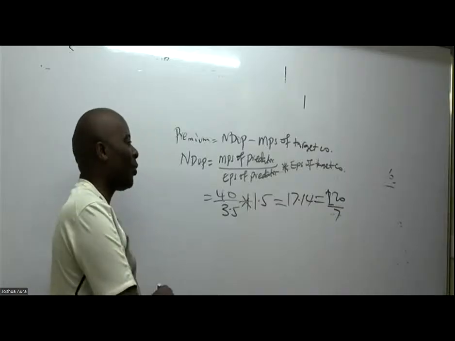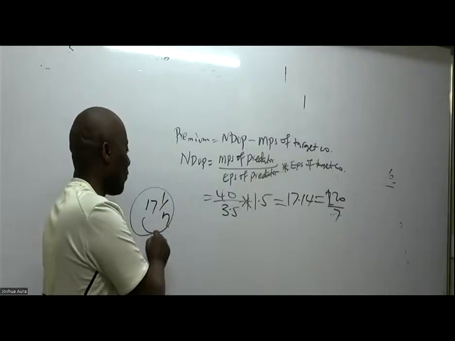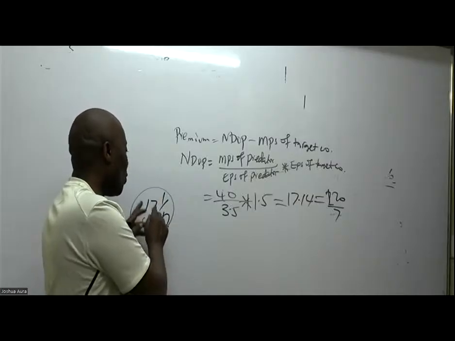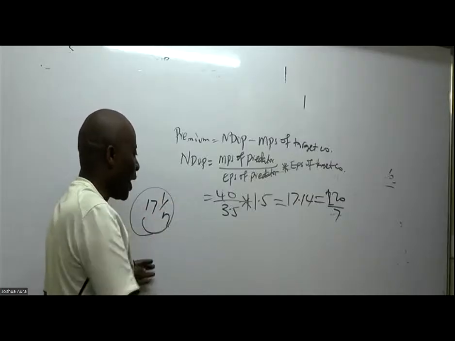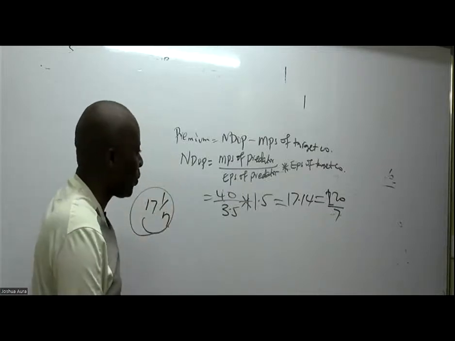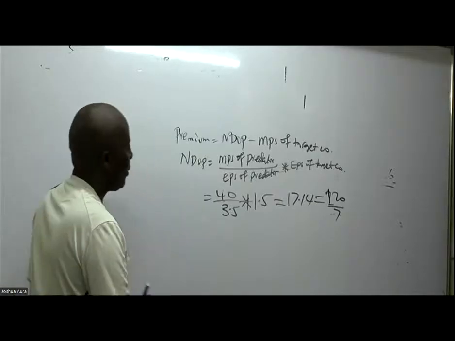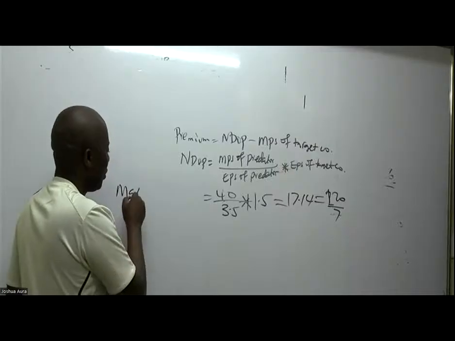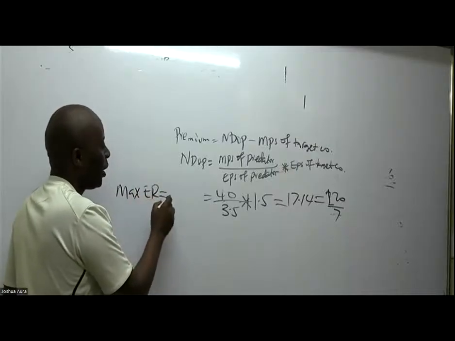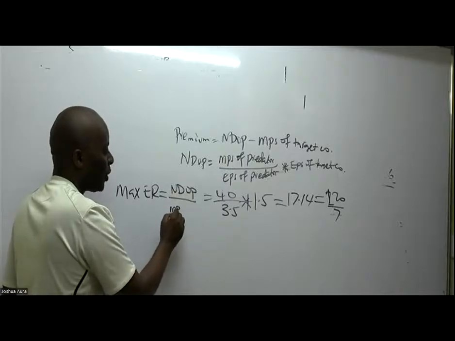We don't write here, at this level, you can't say 17 and 1 over this. We want it to be an improper fraction. So then if you want to use this formula of getting maximum exchange ratio, then remember, we also have this formula of saying DOP over MPS.